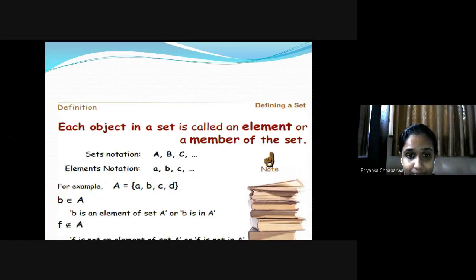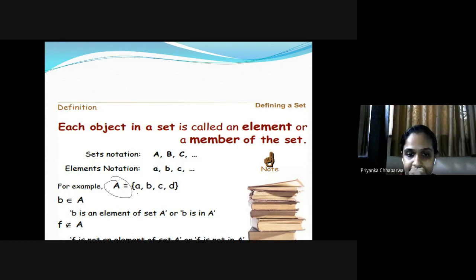Always remember, a set is most of the time denoted by capital letters, and the elements of a set are denoted by small letters. For example, we have a set A with four elements: a, b, c, d.